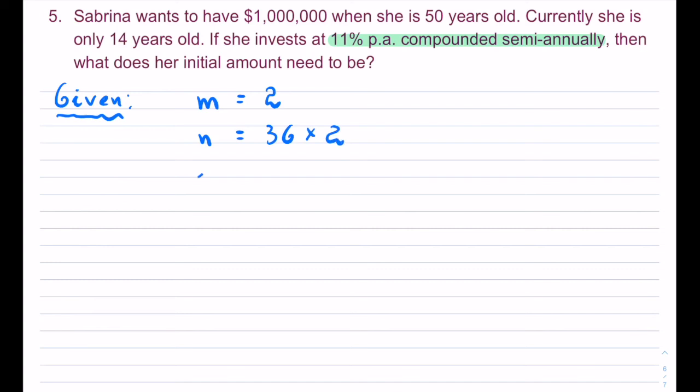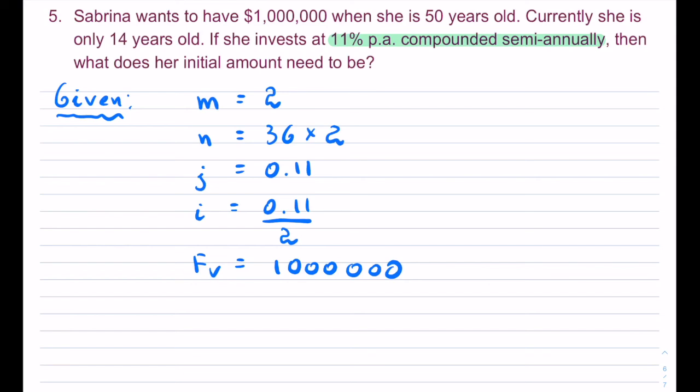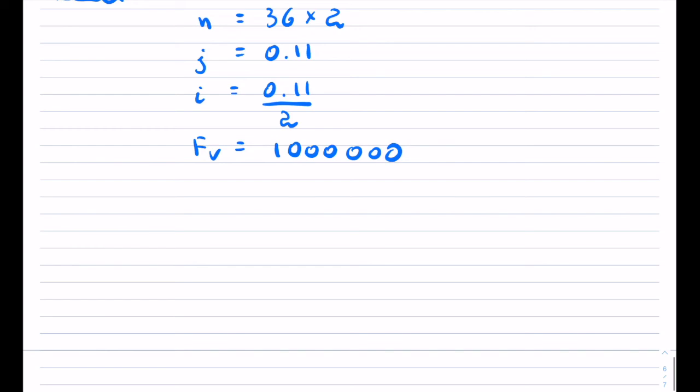Now, my j, my nominal rate, is 11%, which means my i is 0.11 divided by 2, compounded semi-annually. Now, I know my future value, which is 1 million, and I do not know my present value. So for this example, out of our toolbox, we need to use our present value formula, which is our future value.